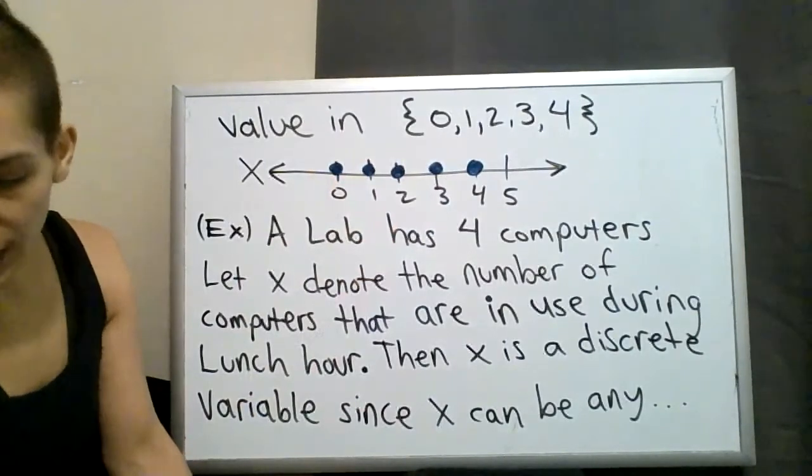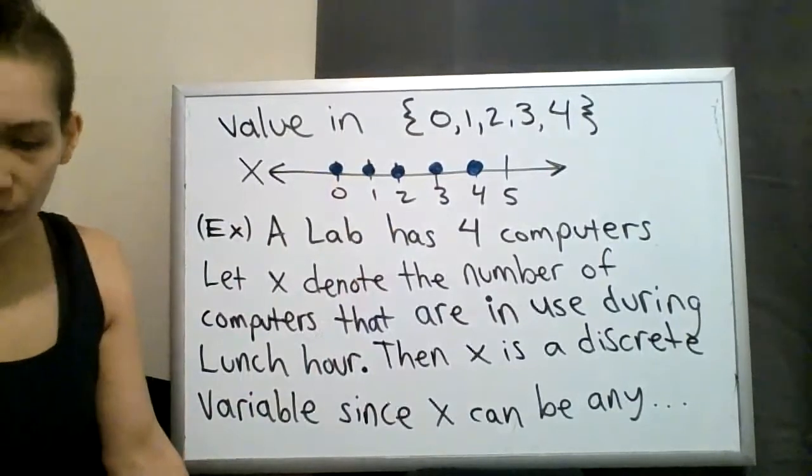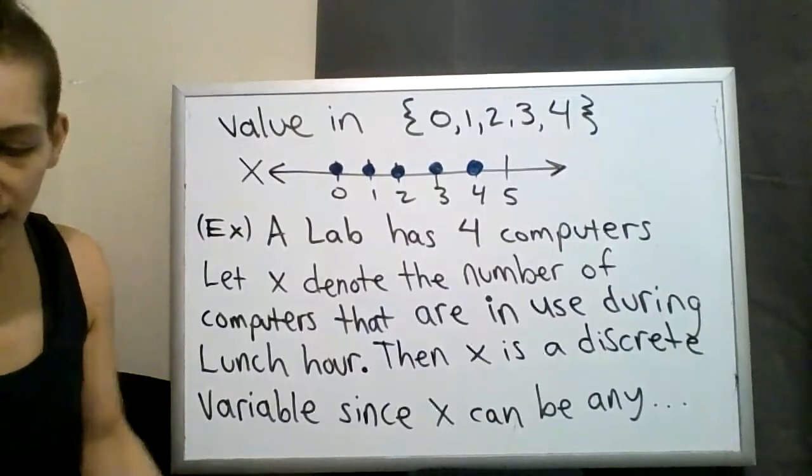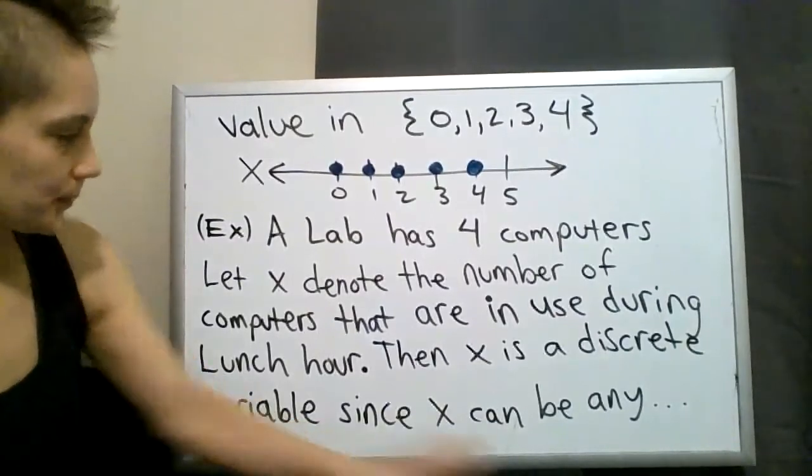So the last one is kind of the shorter version of what we've been talking about. I'm just going to tell you that x is a discrete variable.